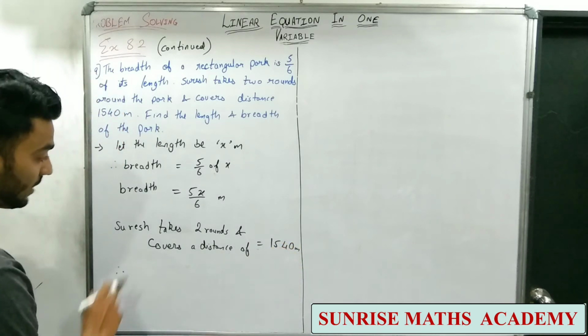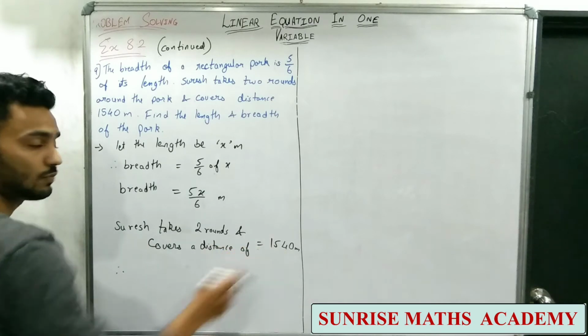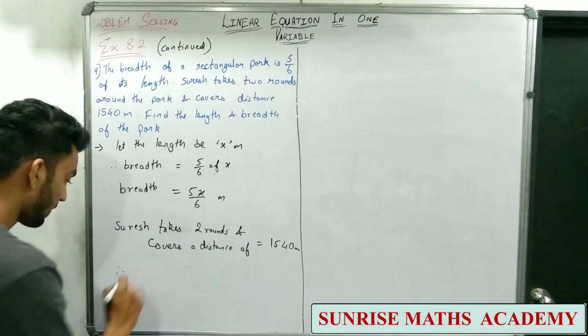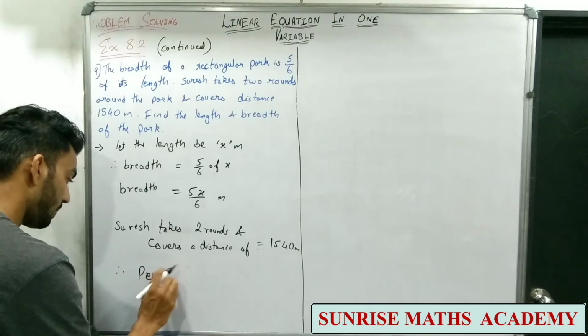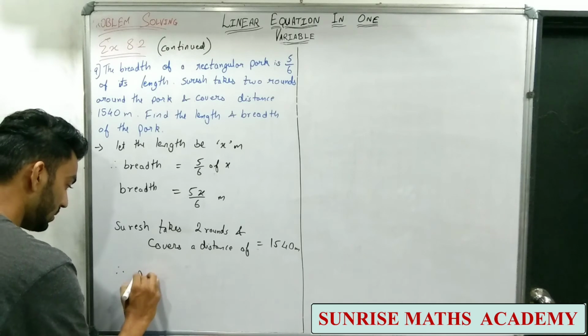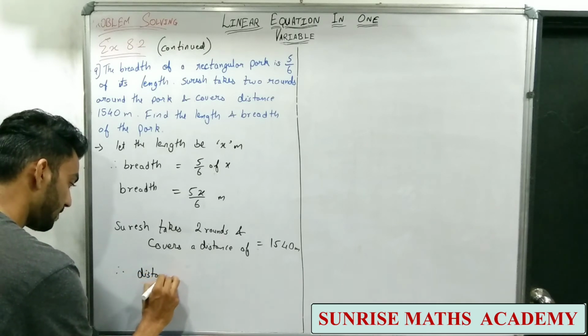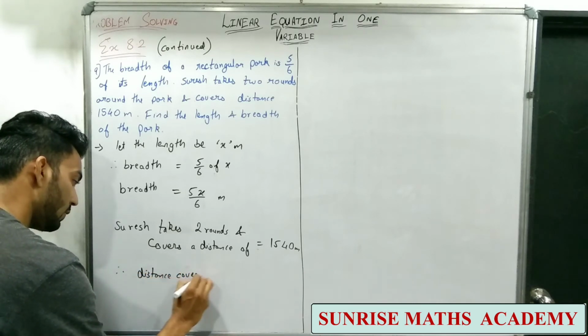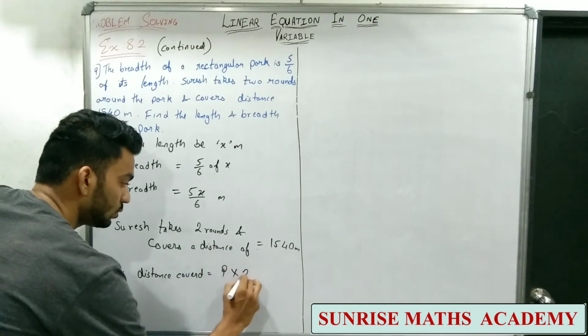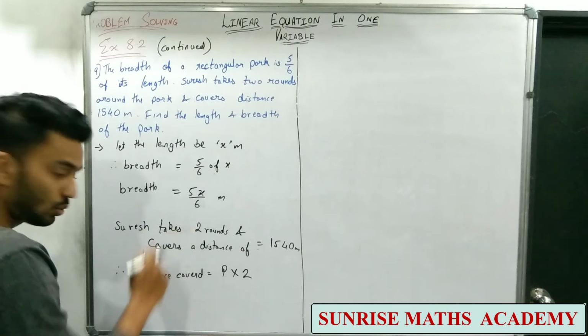Therefore, when taking 2 rounds, the distance is 1540 meter. Perimeter is half of this, or we can write distance covered is equals to perimeter into 2, because he has taken 2 rounds.